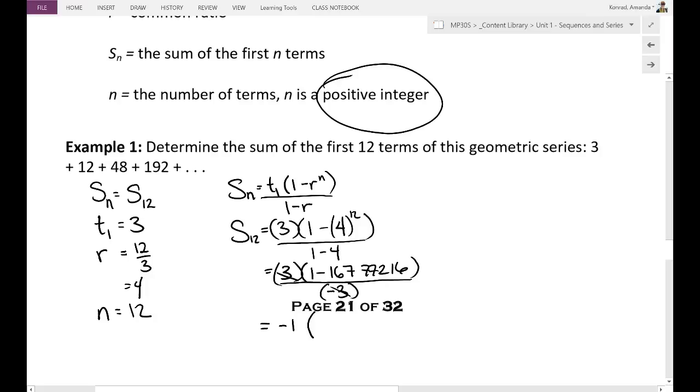And then I'm going to subtract 1 by that massive millions number, and we're going to be left over with -16,777,215.